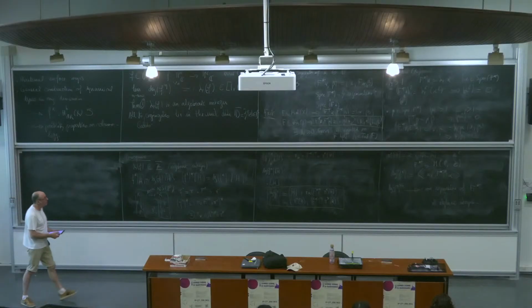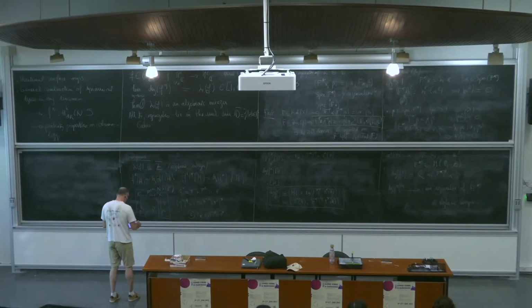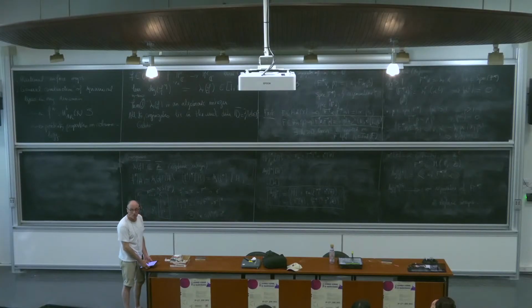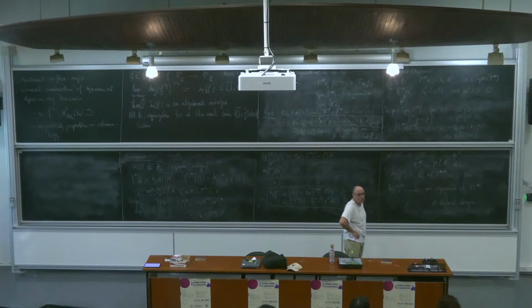Now, I said I didn't really use Hodge, I think. But yeah. No? Did I? I conclude that if mu is greater than 1, it has to be equal to lambda 1.